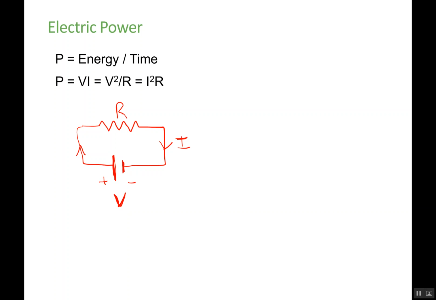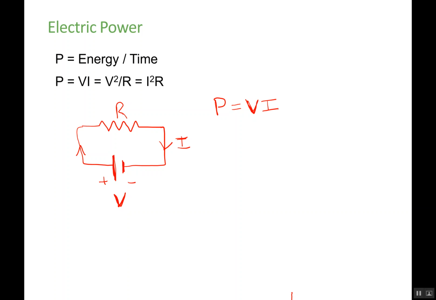Since it's the only component in this circuit, all the voltage is supplied to the resistor. So we can calculate the amount of power being utilized by that resistor by multiplying the voltage supplied to it, which in this case is all the voltage, by the current that flows through it. P equals V times I.